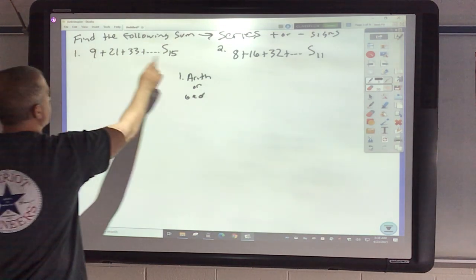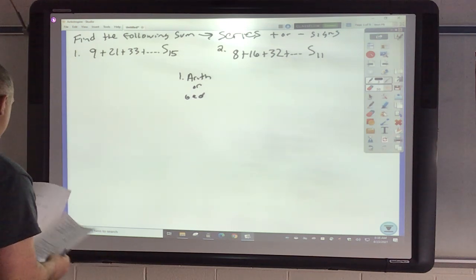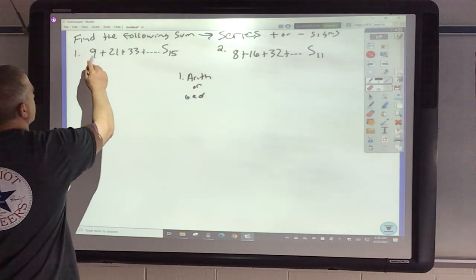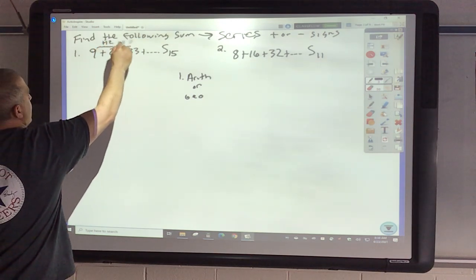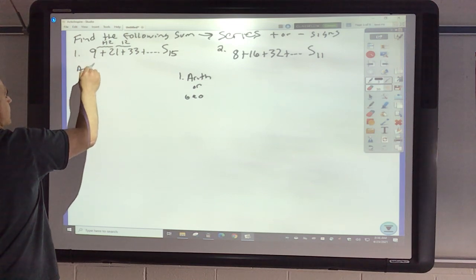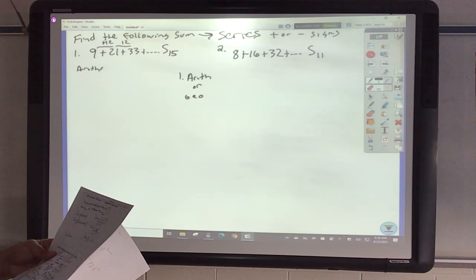So let's go ahead and do these. It says find the sum of the following series. What we have here, I would look at this as I'm adding 12, I'm adding 12. So this one is arithmetic. There are two formulas for how to find the series.